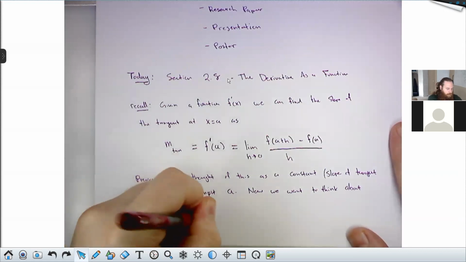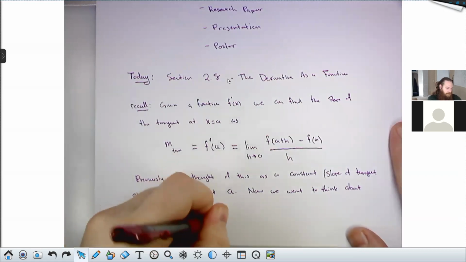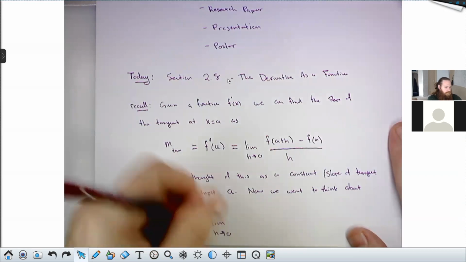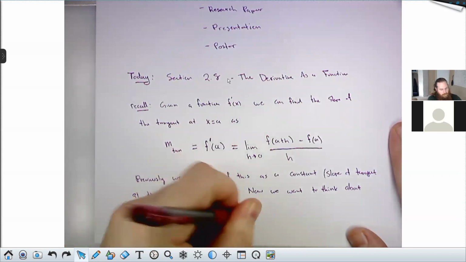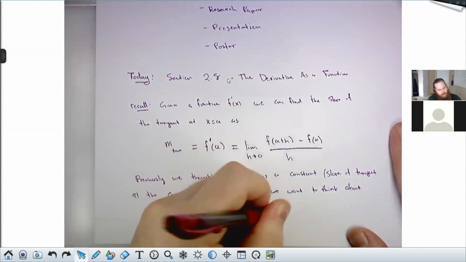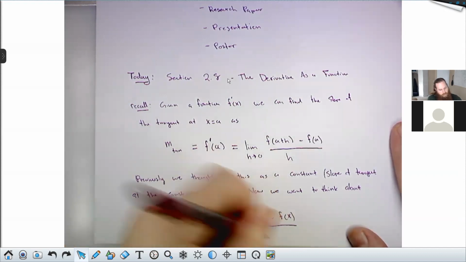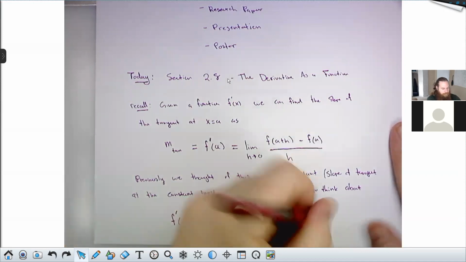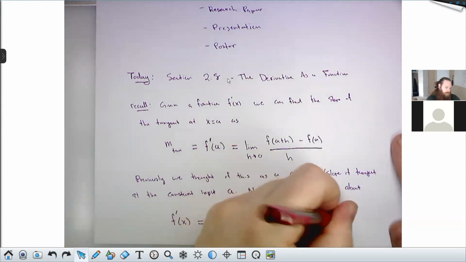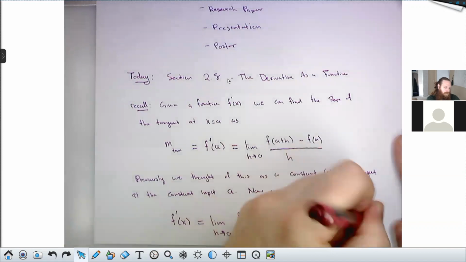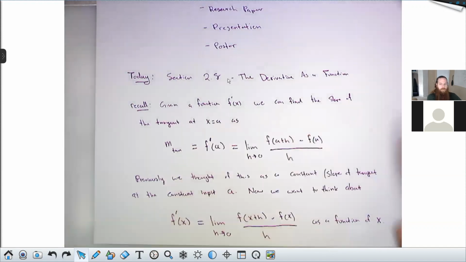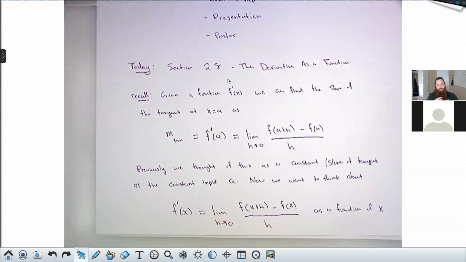And this is defined how you would think it is: the limit as h goes to 0 of f of x plus h minus f of x, all over h, as a function of x. All right, so just a relabeling, right? I'm swapping the a's for x's, but the conceptual part is where it gets good.